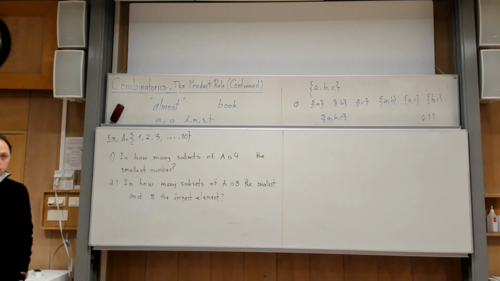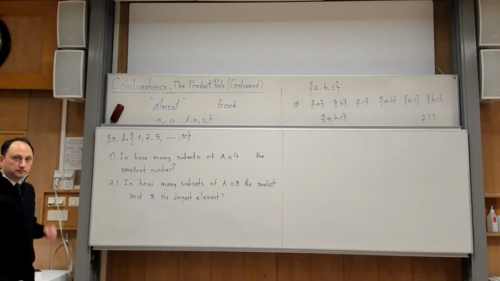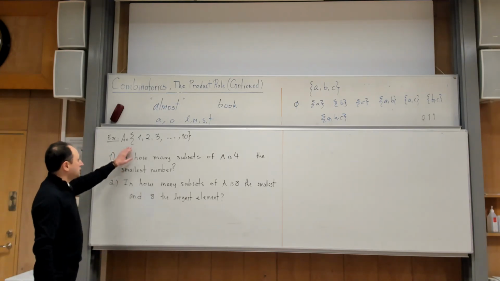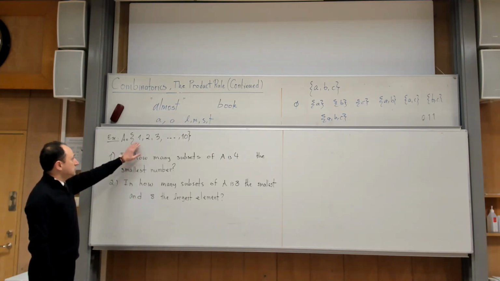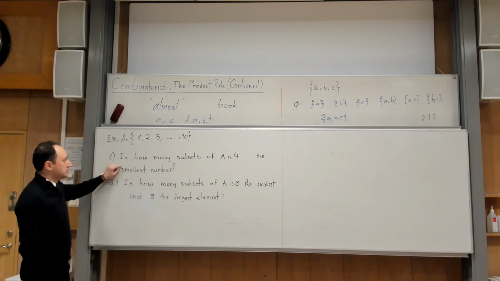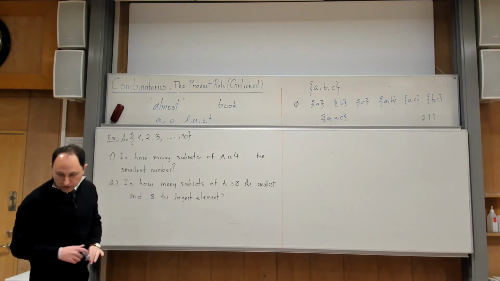Okay, so do you have your answer now? Yes? I don't know, I haven't calculated myself. So the question is clear, yes? I give you a 10-element set, and then you're supposed to find a subset. I haven't mentioned how many elements should be there.